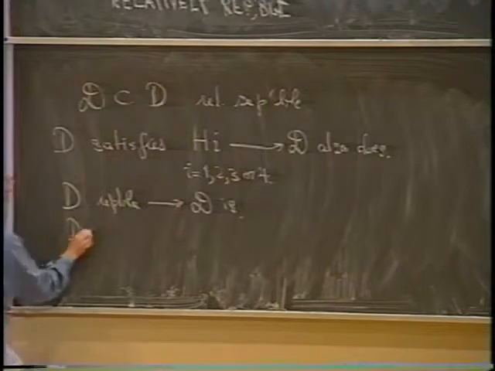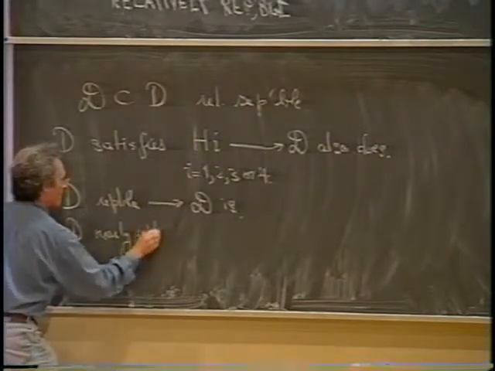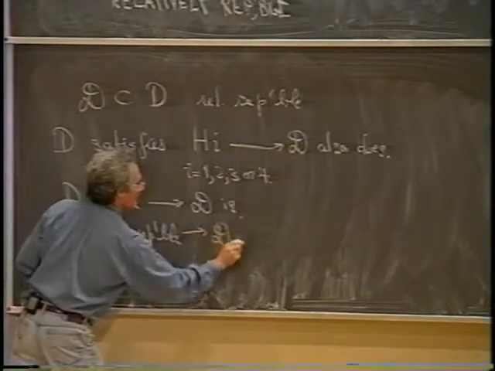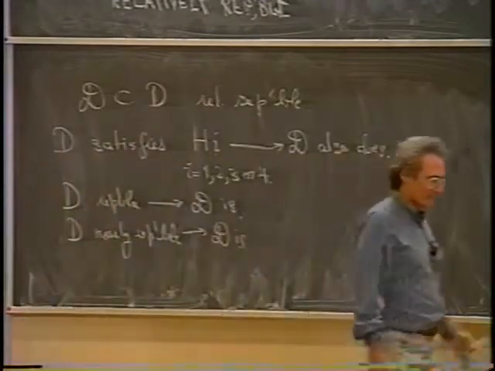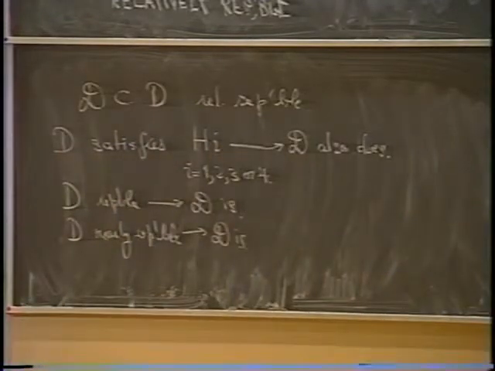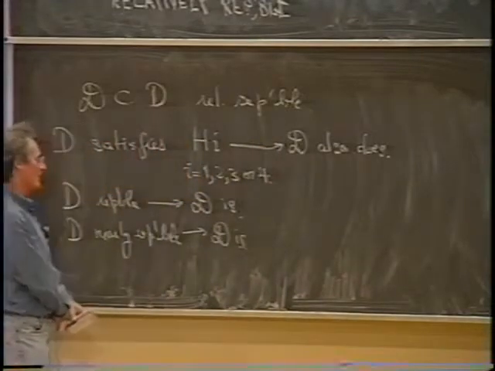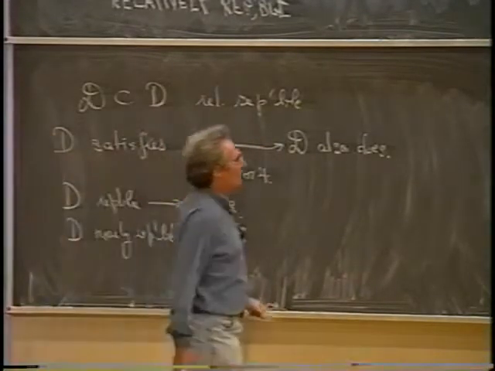And if D is nearly representable, then script D also is. In particular, every condition is nearly representable, and representable if rho bar is absolutely irreducible. So this is not only true for the determinant condition, but every condition that we'll ever encounter.